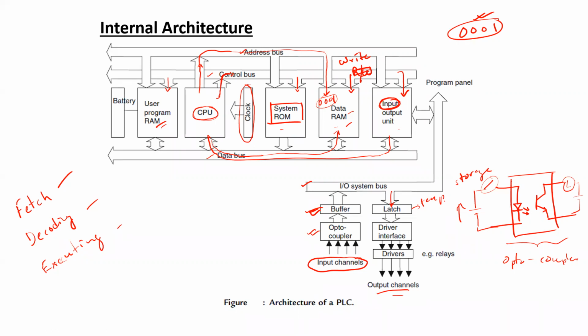For example, you can add extra memory chips, or extra input output ports, or some other extra modules. So in most cases, PLCs are modular designs, and it is possible to add extra memory chips, and also extra input output units.